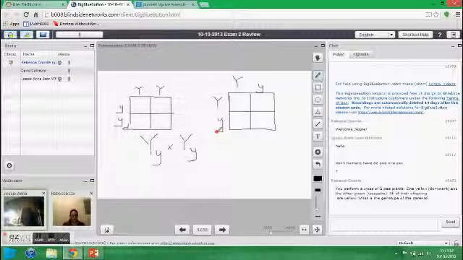So the top square is two big Y's, and then a big Y, little y, big Y, little y, and then two little y's, right? Is that what you got, David? Yeah, it is.